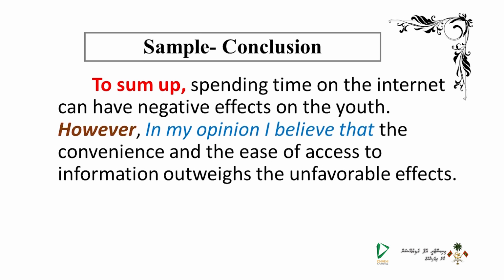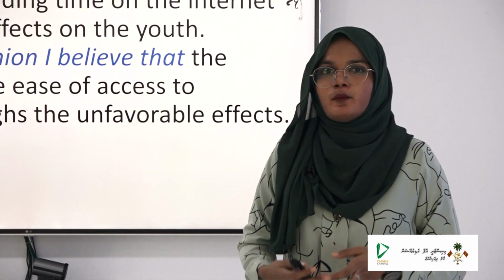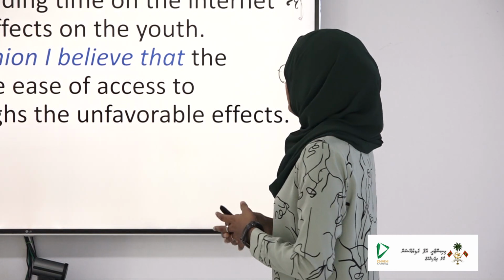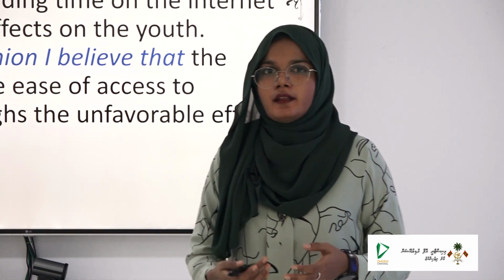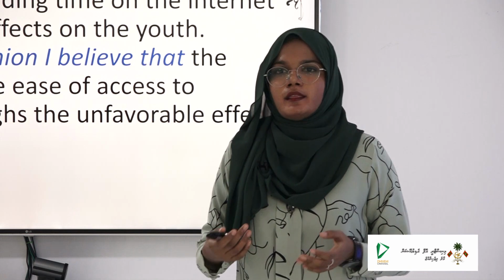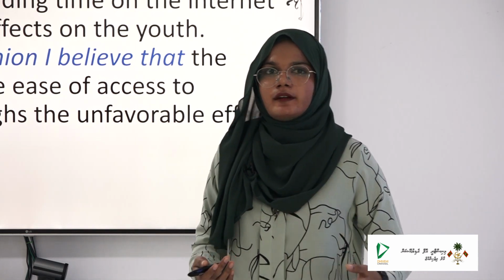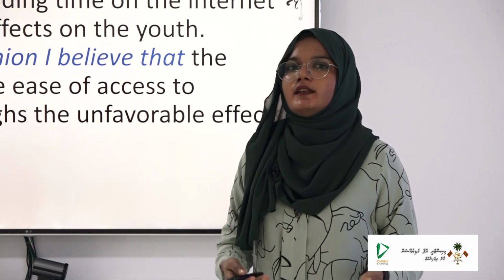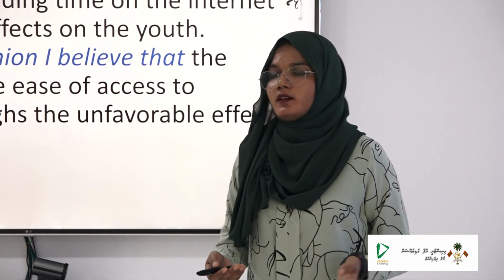Now here, the writer has mentioned his or her opinion. You can clearly identify where the opinion stands, because it says that it outweighs the negative effects. So the writer is favoring the arguments in favor of the internet. He or she believes that the internet is good for young people.